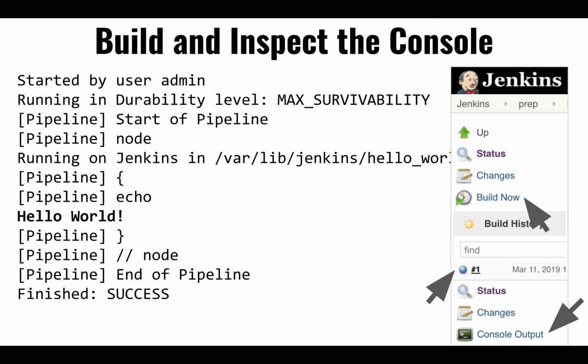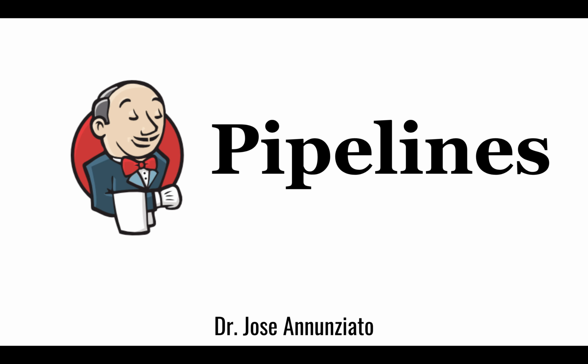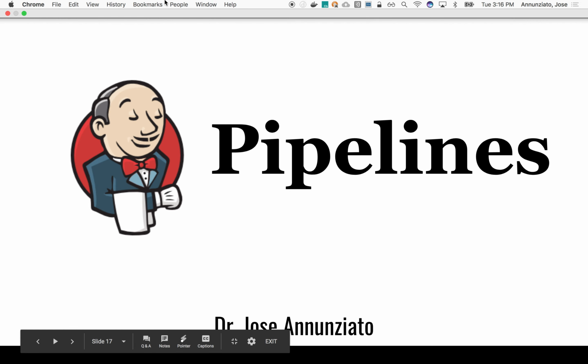This is the very first time it was ever run; every time you run it, it becomes 2, 3, 4, 5. You can click on any one of these to see the particular details of every single build, and see what the console output was for that particular run. Make sense? So you can keep an audit trail of when any of these pipelines have been executed. All right, leave it here.